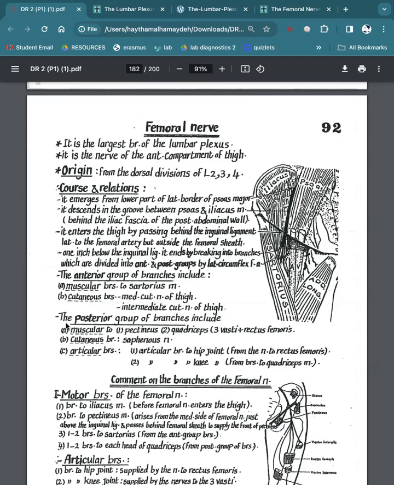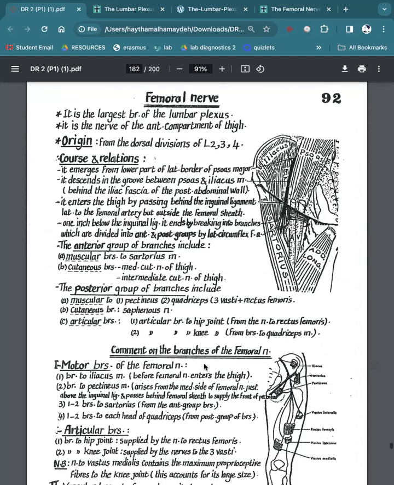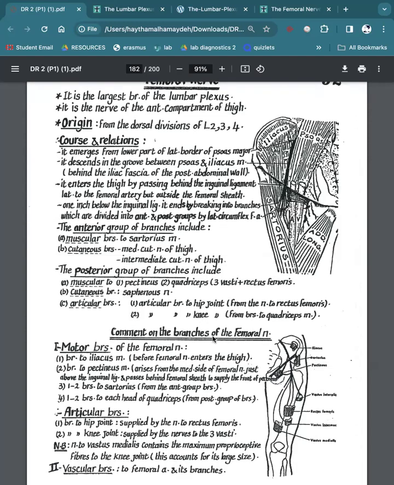From the posterior division of the femoral nerve, you have muscular supply to pectineus and quadriceps, and for the skin, the saphenous nerve. Also from the posterior division, an extra thing: an articular branch that supplies the hip joint and knee joint. All these comments on branches are just what we mentioned here, but they dive deeply into each.